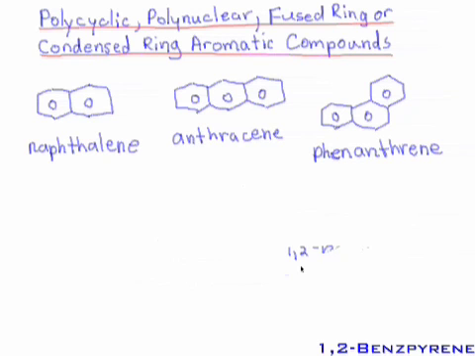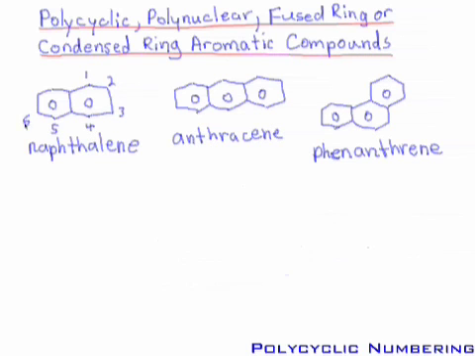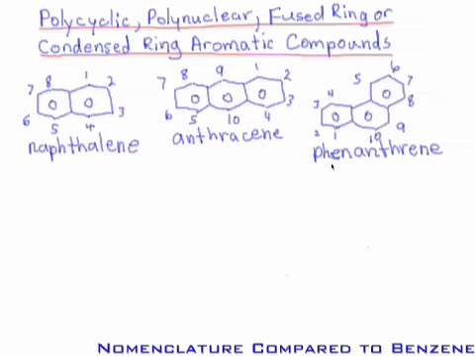So we'll often find numbering schemes such as this: 1, 2, 3, 4, 5, 6, 7, 8 for naphthalene, 1 through 10 for anthracene, and 1 through 10 for phenanthrene. So unlike the numbering in benzene or other cyclohexanes, which starts at the position of a substituent, polycyclic number systems are fixed by convention. Now you have to be somewhat cautious with this.